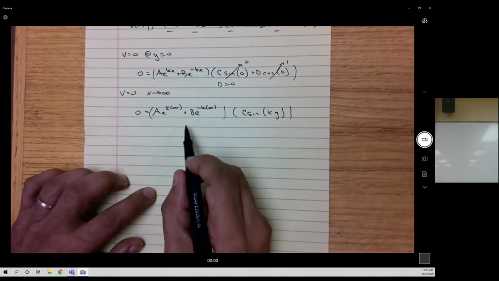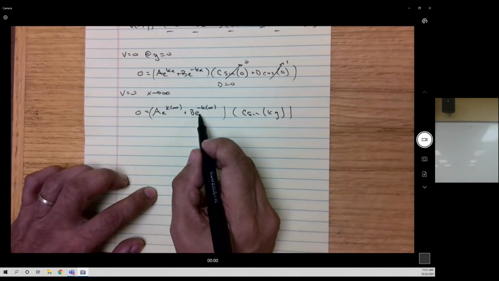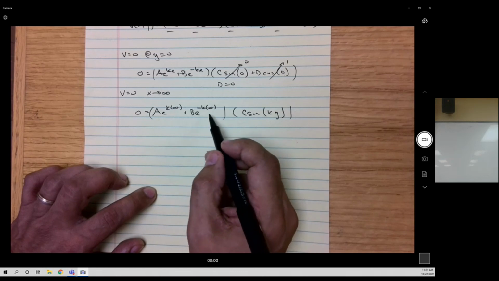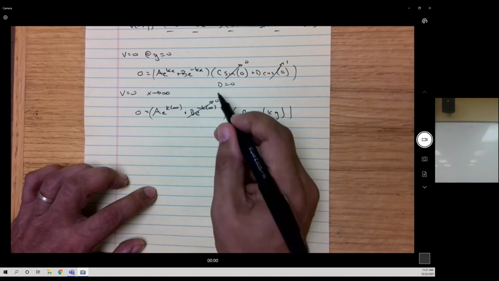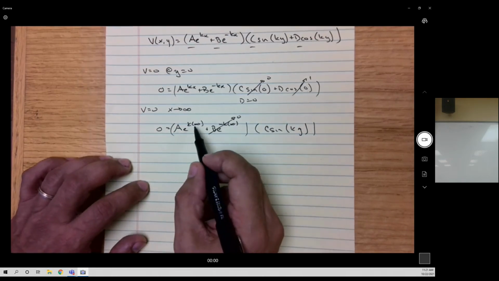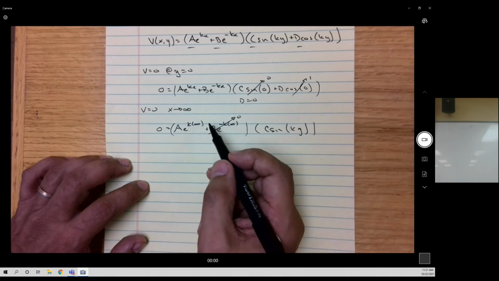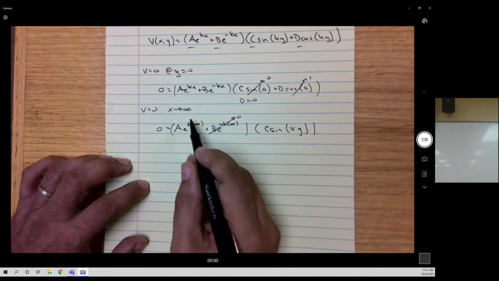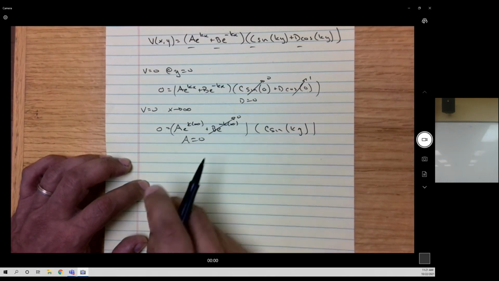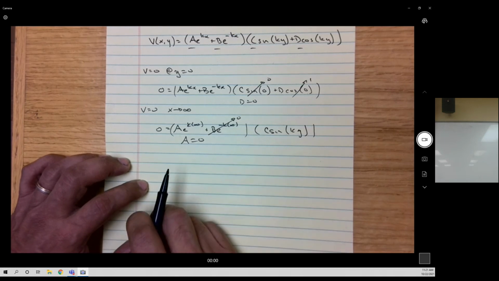Now e to the minus infinity, that's 0, so this term is going to go to 0. E to some very large number is going to be different than 0. So the only way that this can be 0 is if A is equal to 0. So that will give us our second boundary condition.